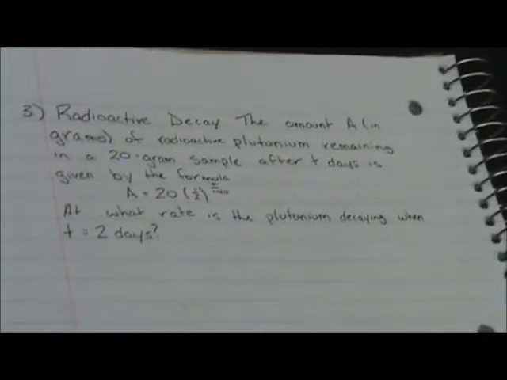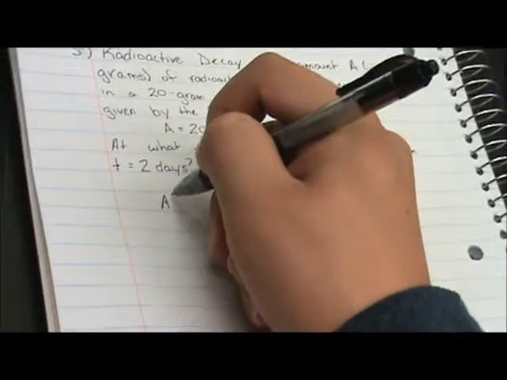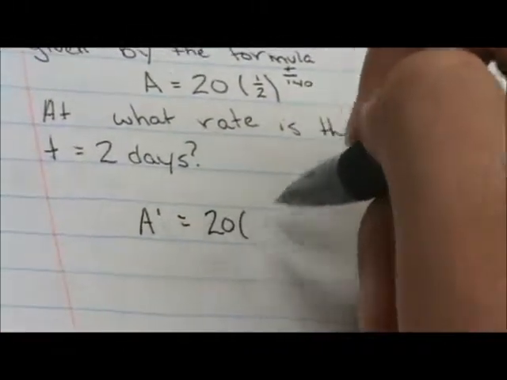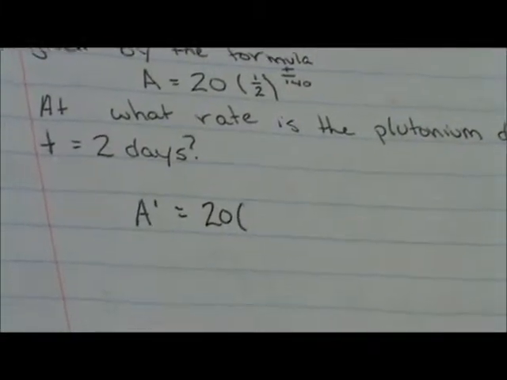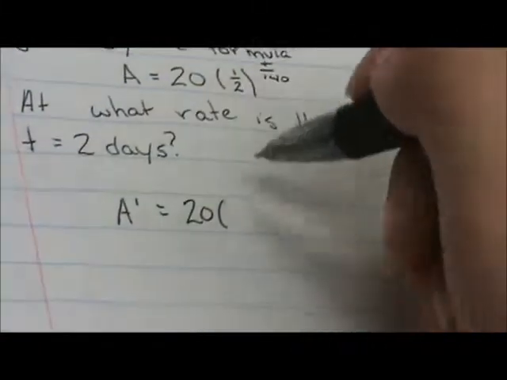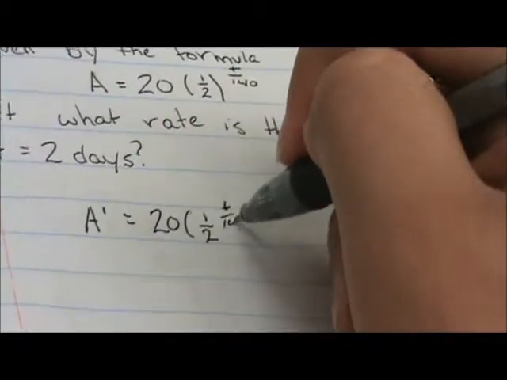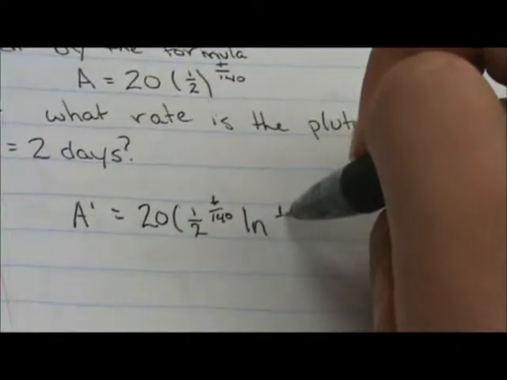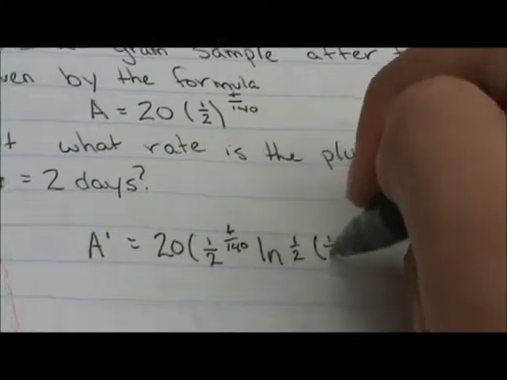First, you need to start by taking a derivative, so you get A prime equals 20 times, and the derivative of a constant to a power would make this 1/2 to the T over 140 times the natural log of 1/2 times 1 over 140.